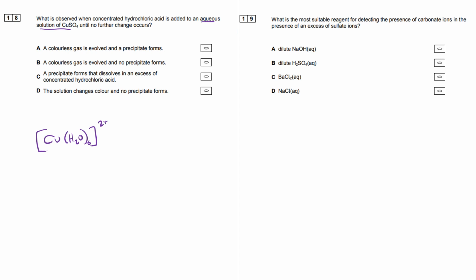When you add concentrated hydrochloric acid, you're adding lots of chloride ligands. And so you're going to get a ligand substitution reaction happening here. The chloride will swap in for the waters and you get a tetrahedral complex of copper chloride and 6 water. So what are we going to observe? Well, hexaaquacopper(II) is a blue solution.